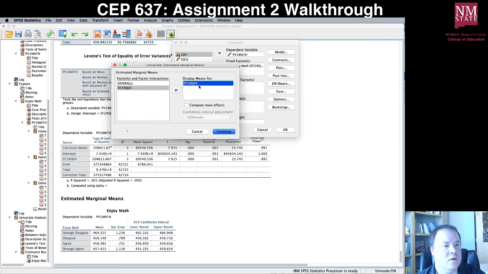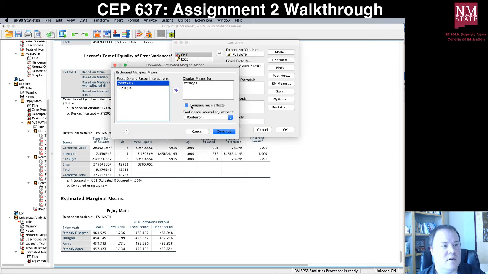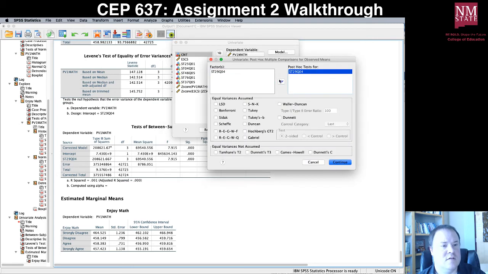Here we go, compare main effects. All right, we want that to say compare main effects so that we can see the estimated marginal means. We can create a plot in a moment, but let's look at the post hoc tests.